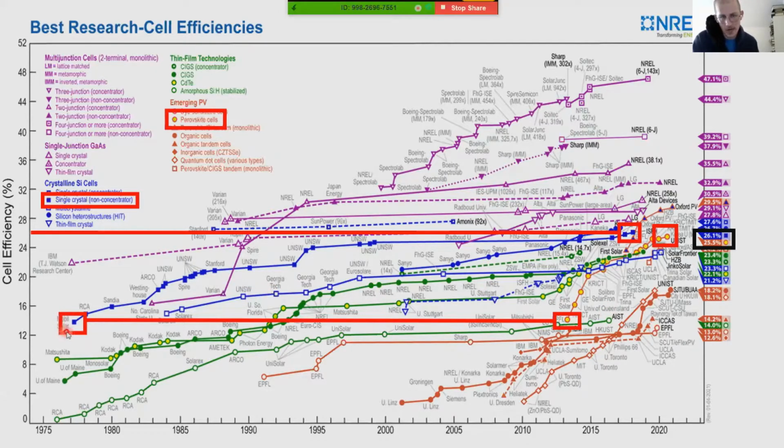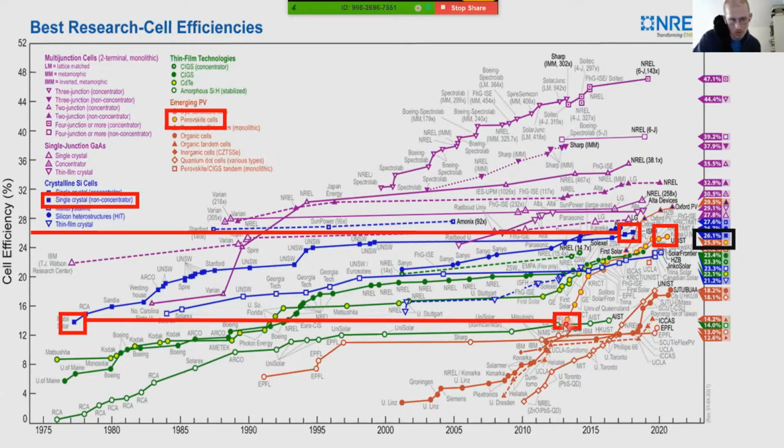So here we have single cell non-concentrator. That's basically the monocrystalline panel, or monocrystalline photocell, that I was talking about earlier. That was developed around 1977. And then over here we have the perovskite cells, which were developed in 2013.